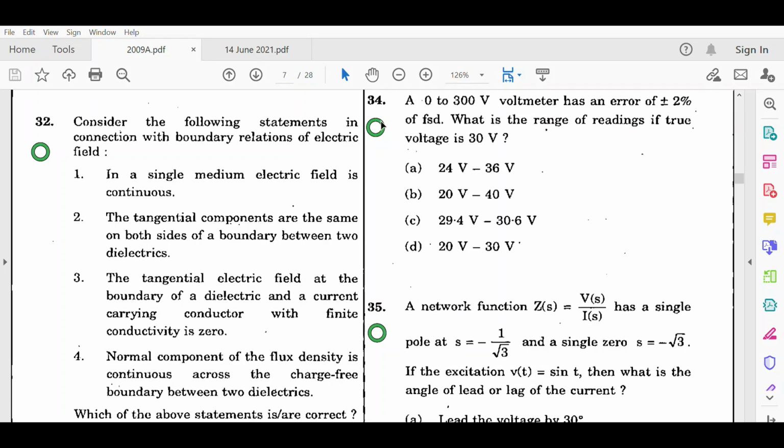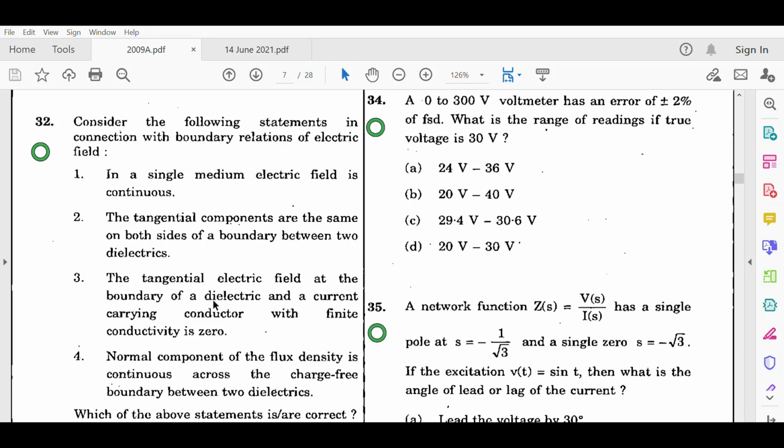Now we can see the 32nd question. Consider the following statements in connection with boundary relations of electric field. In a single medium, electric field is continuous. The second statement is tangential components are the same on both sides of a boundary between two dielectrics.